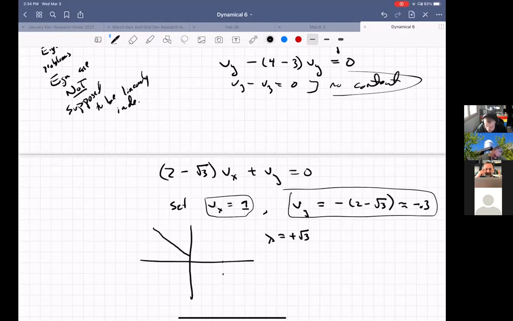And so this line here, oh, a really shitty line, goes through this point and that point. So this is the line that corresponds to that eigenvalue. And that axis is unstable because the eigenvalue is positive. So that's the axis on which things are going out.